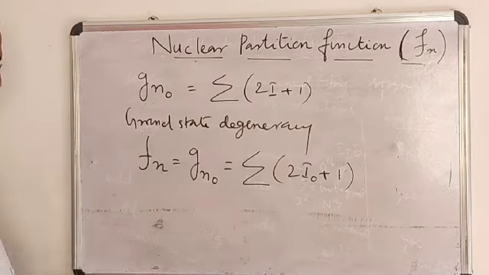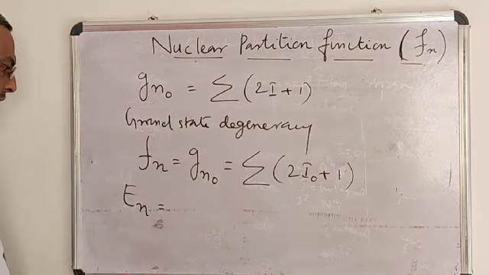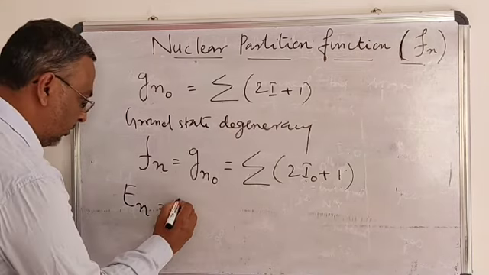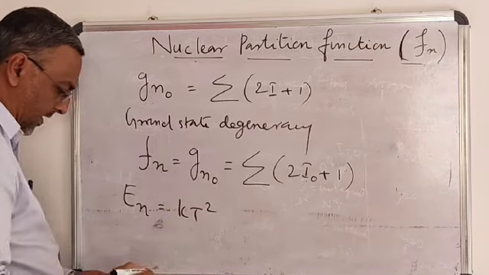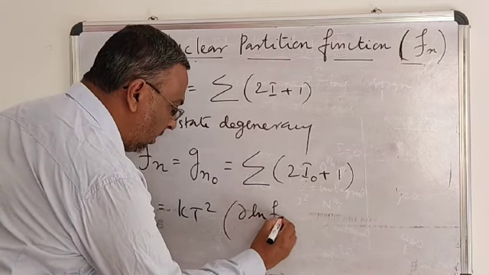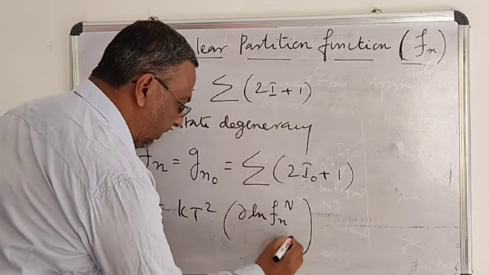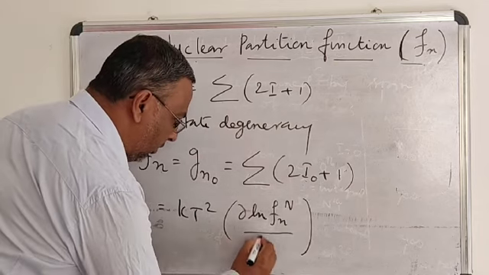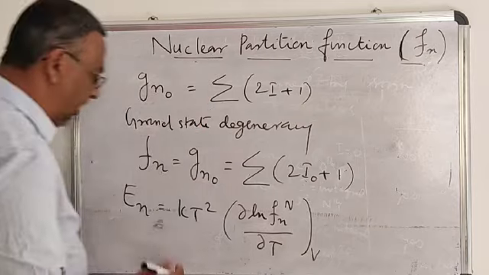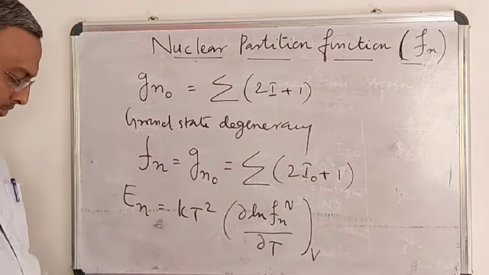Okay. That is, for example, in the case of bulk thermodynamic properties, the energy of nucleons will be equal to kT square dou ln of the partition function divided by dou T at constant V. We have studied the energy in terms of partition function.